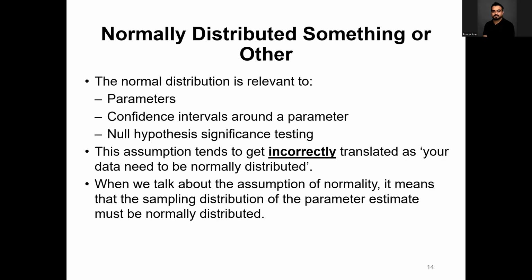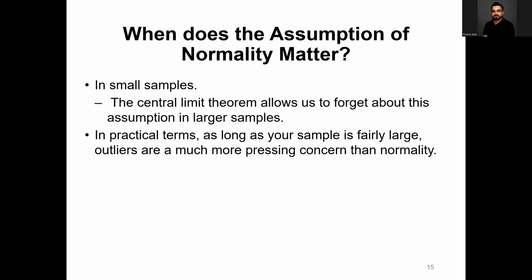If this normality assumption is violated, then we will have errors in parameters and confidence intervals, and the p-values are not valid. So we cannot just rely on the p-value if the normal distribution is violated.